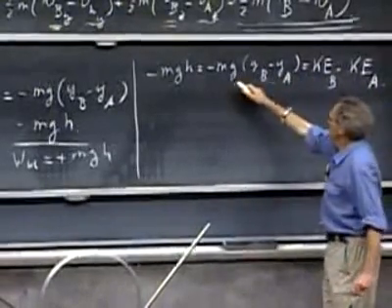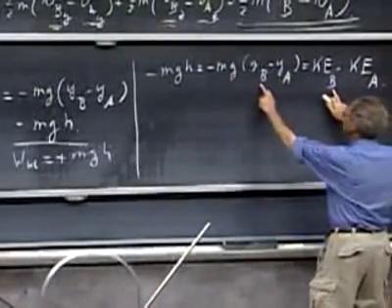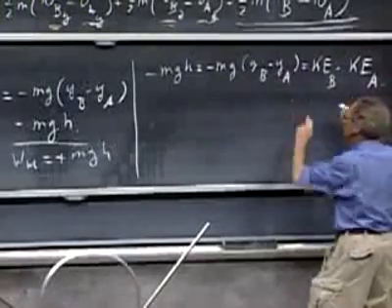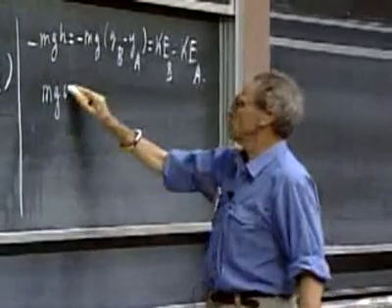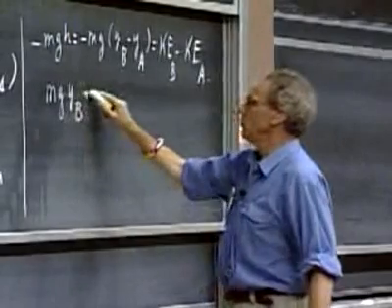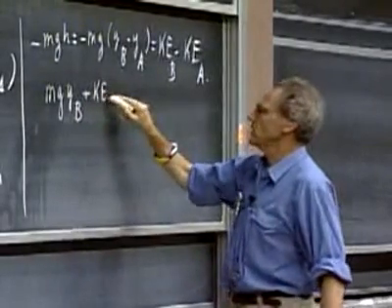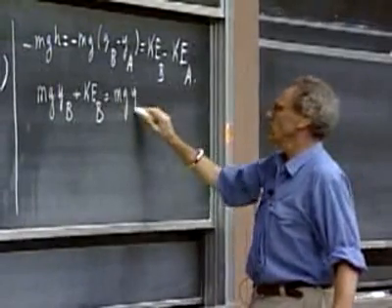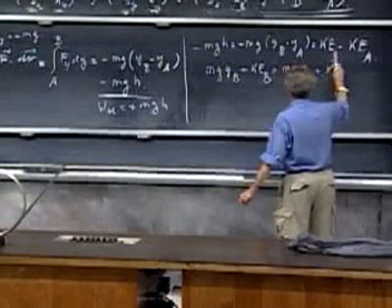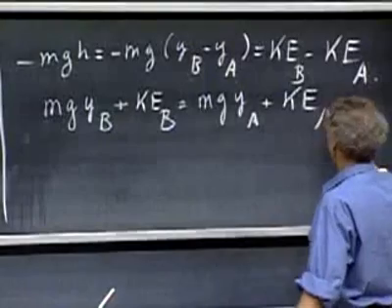Look closely here. I can rearrange this and bring the B's on one side and the A's on the other side. I then get mg times y of B plus the kinetic energy at point B equals mg times y of A plus the kinetic energy at point A.